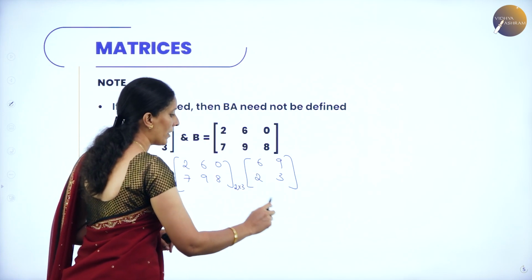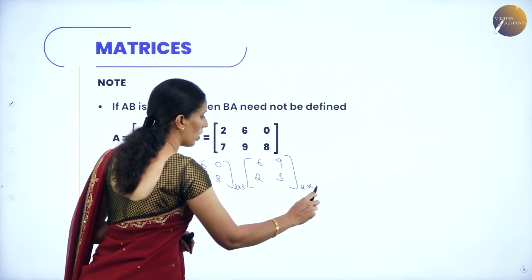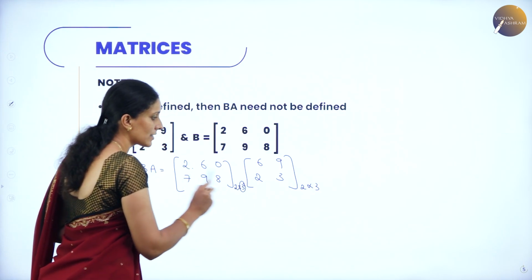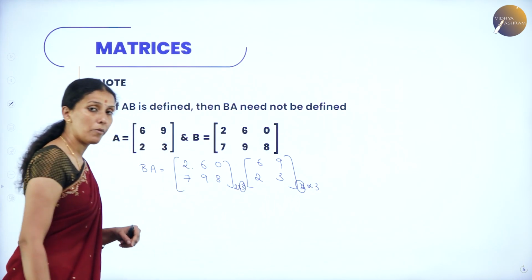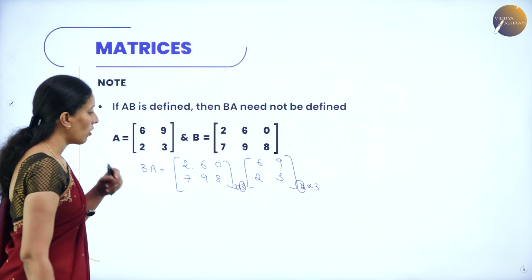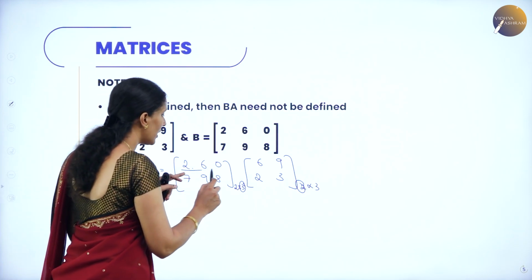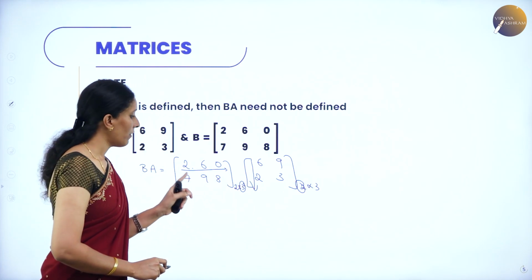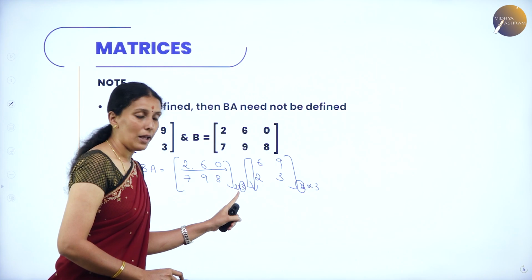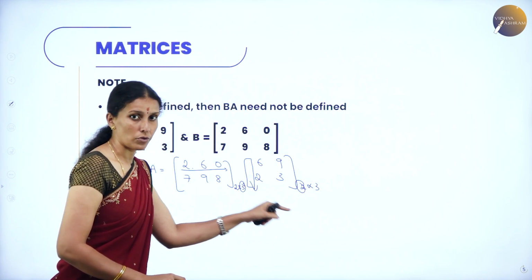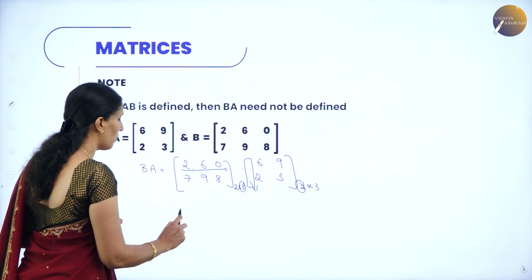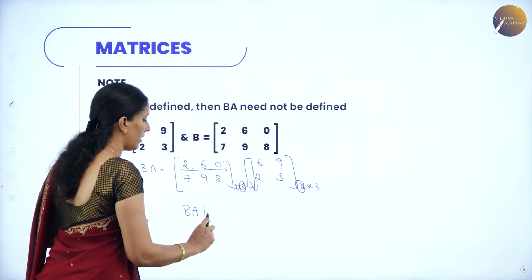What is the order of matrix A? 2 rows, 2 columns. Clearly you can see the number of columns in the first matrix is not equal to the number of rows in the second matrix. And also you can see here you have 3 elements, but you don't have 3 elements to multiply down. So therefore, the number of columns is not equal to the number of rows, and hence we cannot multiply the matrices. So therefore, BA is not defined.